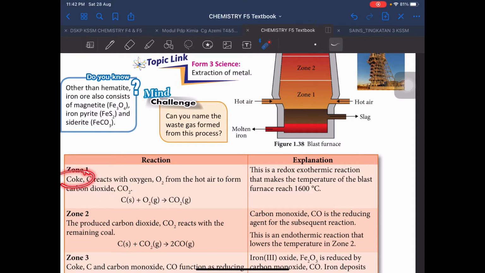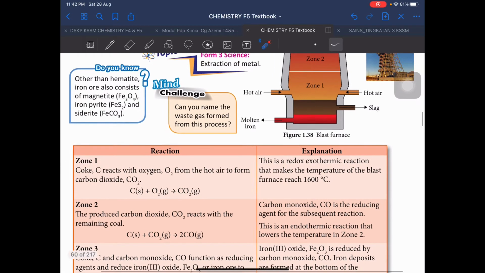Coke, arang batu, carbon lah tu, to form carbon dioxide. Itu dalam step 1. This is a redox exothermic reaction. Remember, exothermic means dia membebaskan haba. That makes the temperature of the blast furnace reach 1600 degrees Celsius. Because dia terbakar, okay? Panaskan carbon together with the oxygen. Oxygen dari mana? Dari hot air.